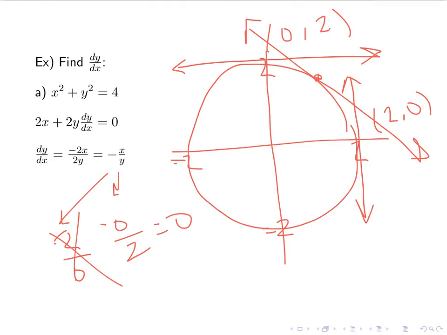And I'd have the same thing over each other, so negative root 2 over root 2, which is negative 1, which is hopefully the slope of that line that I drew. So even though my derivative now has x and y in it, it's still the slope of the tangent line. Okay? So let's try another one.